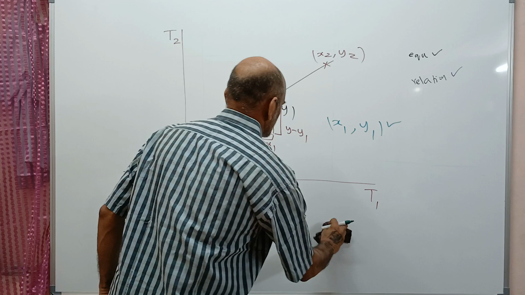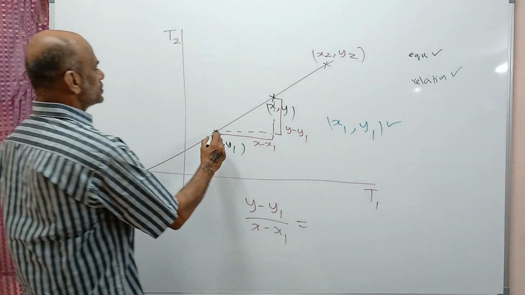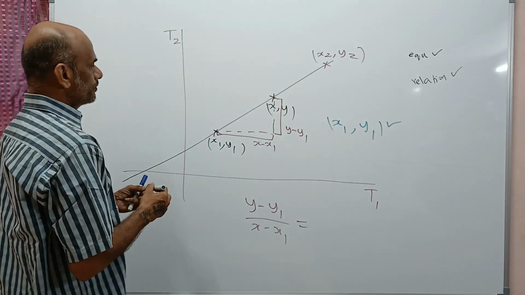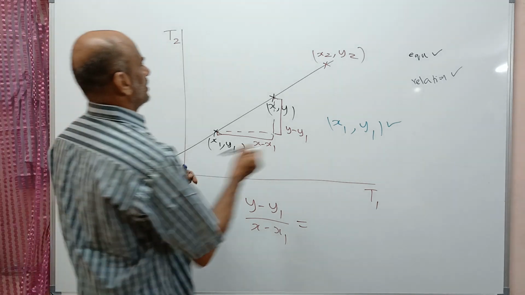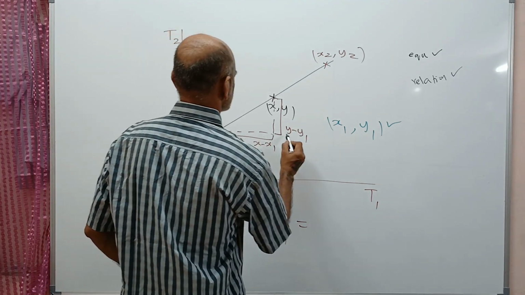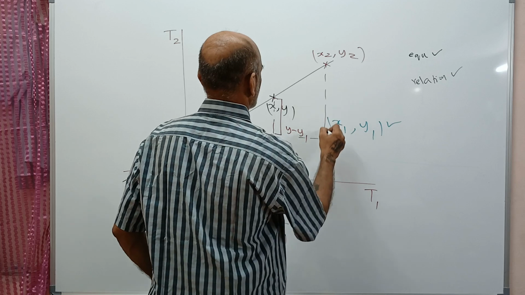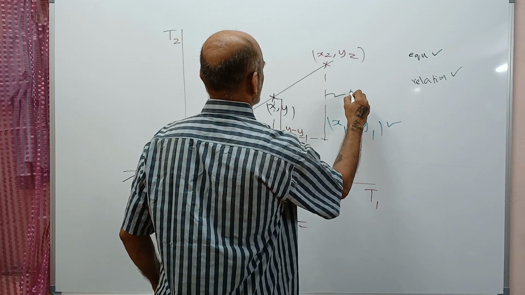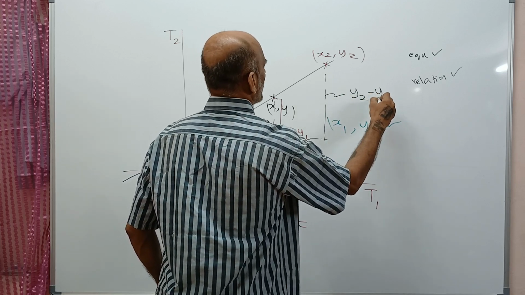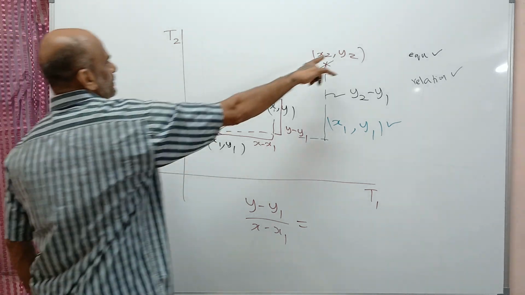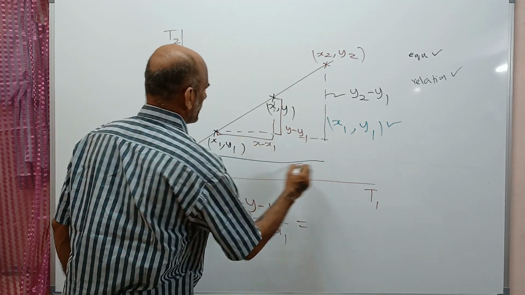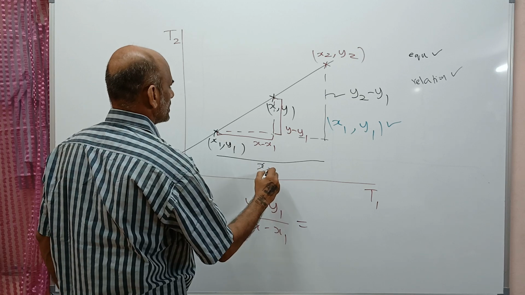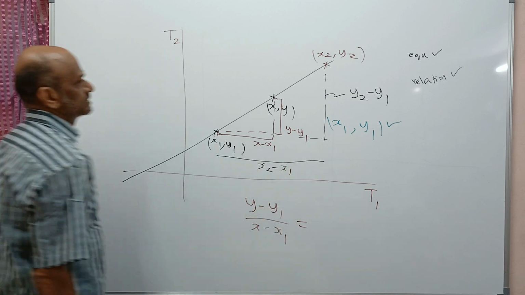Similarly, if I take these 2 points, then the slope will be, between these 2 points, delta y is y2 minus y1, and between these 2 points, delta x is from here to here, that is x2 minus x1.